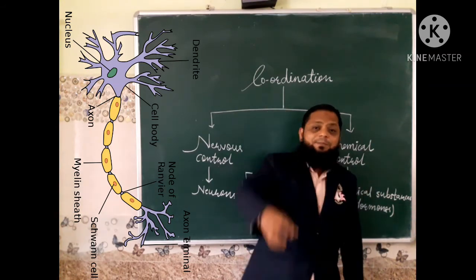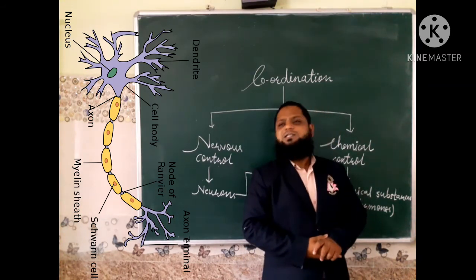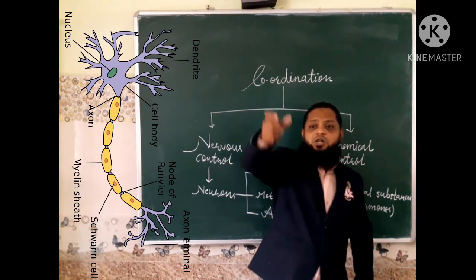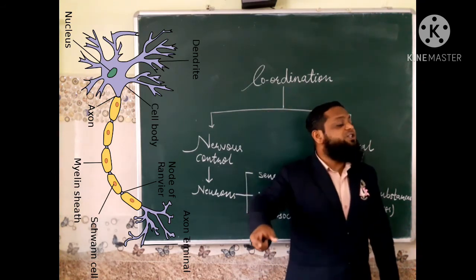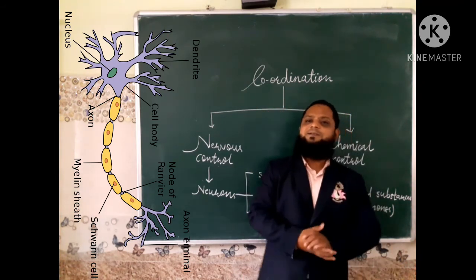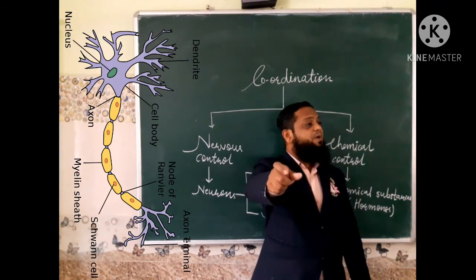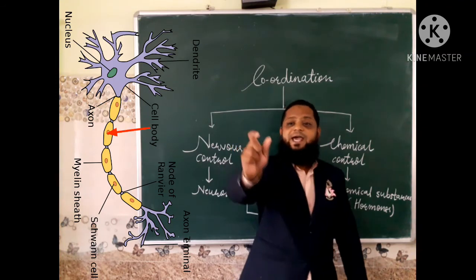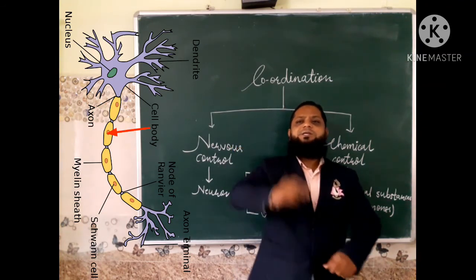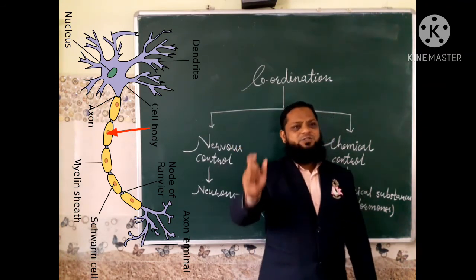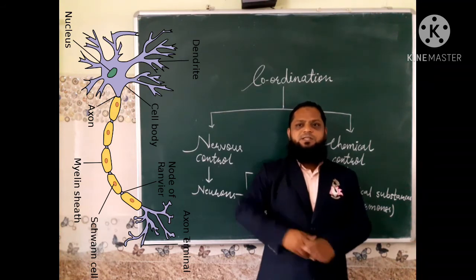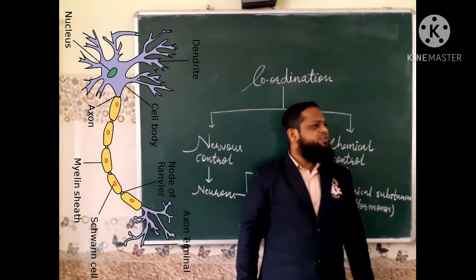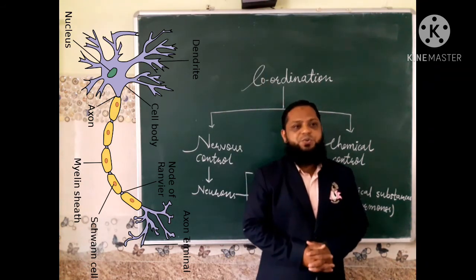From the cell body or cytosol, a long unbranched structure arises. This unbranched structure is said to be the axon. The axon ends with the axon terminus. This is the normal structure of a neuron.